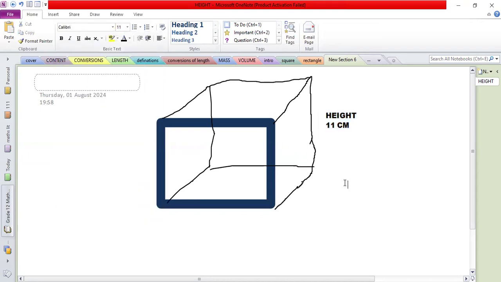The height is 11 centimeters. And the breadth or width, depends on how you would put it, is, let's say, 10 centimeters. The breadth is 10 centimeters.